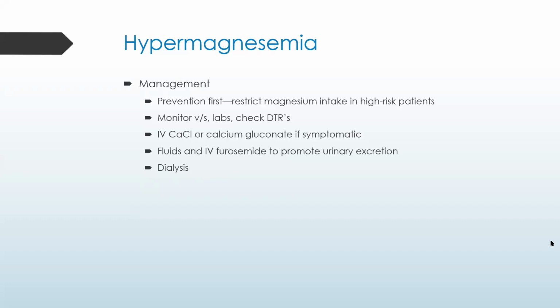If hypermagnesemia is in the patient with impaired renal function, it will require dialysis because the kidneys are the major route of excretion for magnesium. If symptomatic, giving IV calcium gluconate will oppose the effects of the excess magnesium on cardiac muscle.